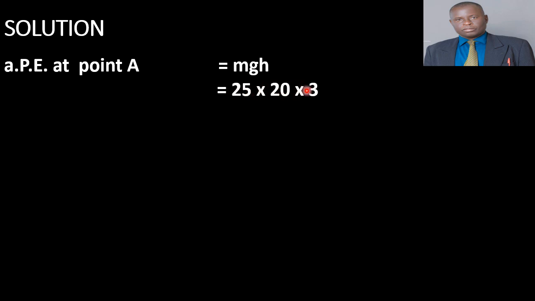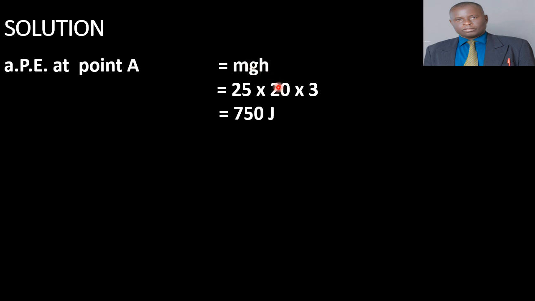So you multiply. In mgh, this is supposed to be 10, rather than 3. The value of g is 10, not 20.